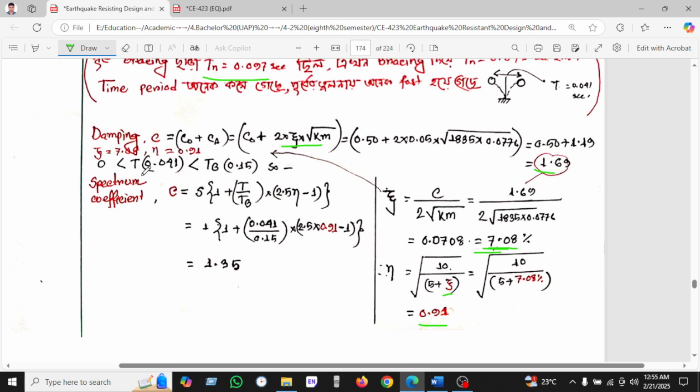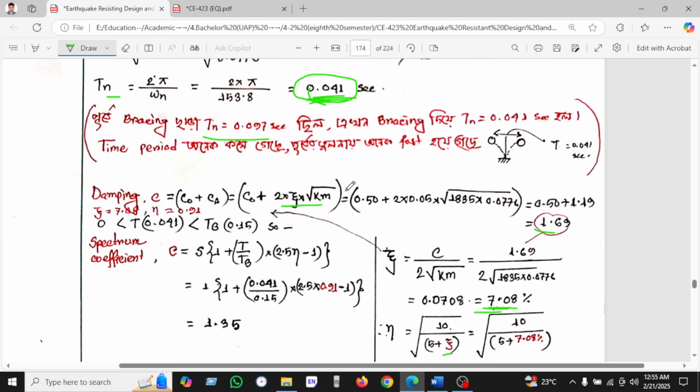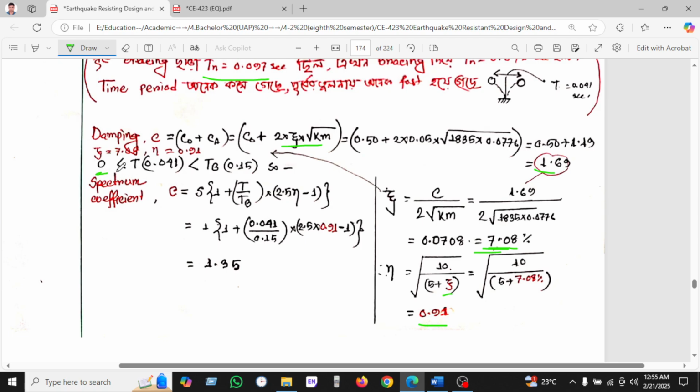Now we can see the time period we have already found is 0.04, which is greater than 0 but less than TB.